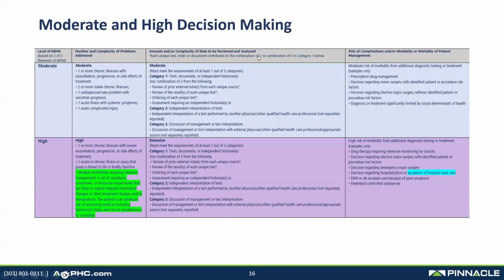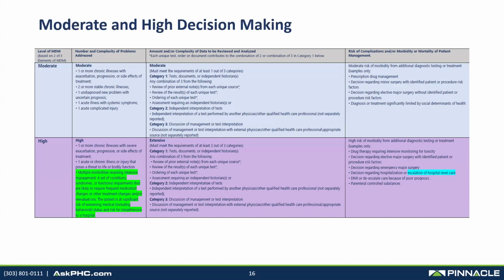I did want to provide what the difference is between a moderate and a high decision-making status, because there are a few differences between a moderate level of medical decision making and a high level of medical decision making.